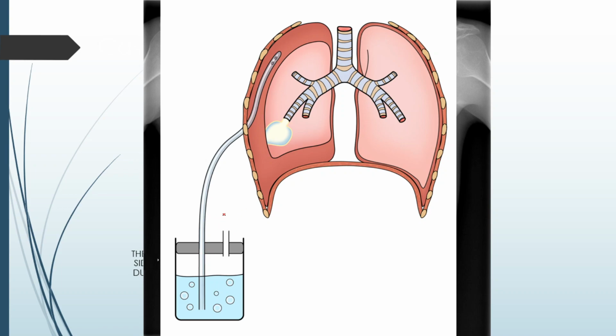And there you see the drainage, yes, to help these people with pneumothorax. And we keep this drainage until all the air goes away. And you need to remember that when we talk about drainage of air, the drain needs to go to the upper part.